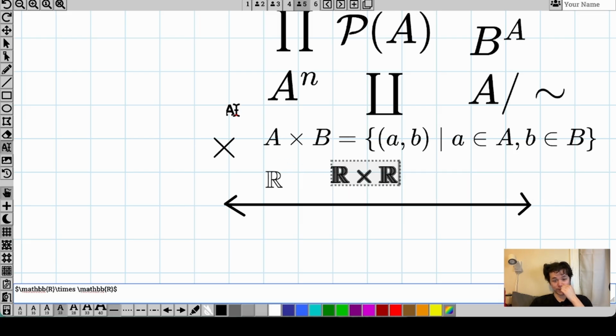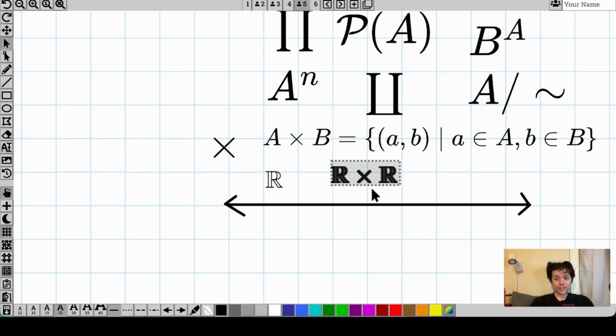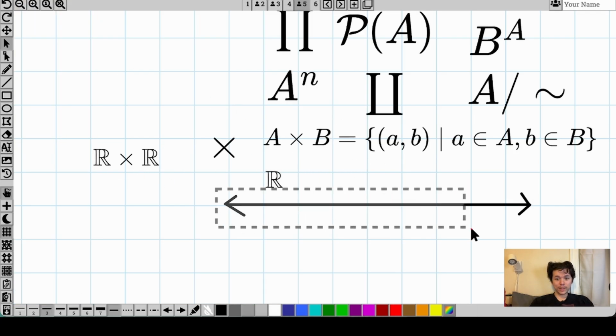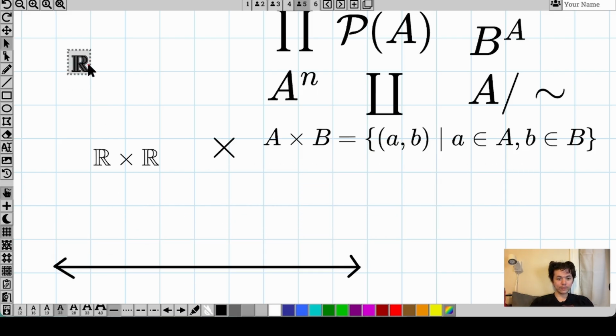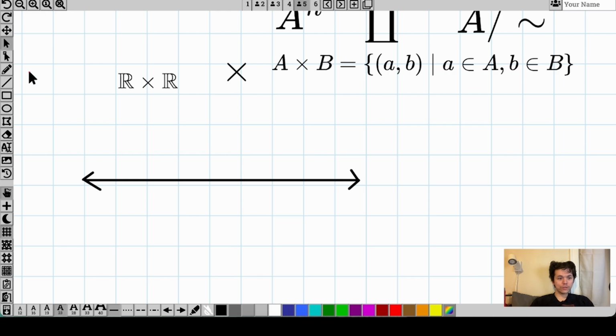This is where it really gets its name. And this gives you the real plane. Let's get this out of the way and zoom down here. That gives you another axis. And you can keep going.